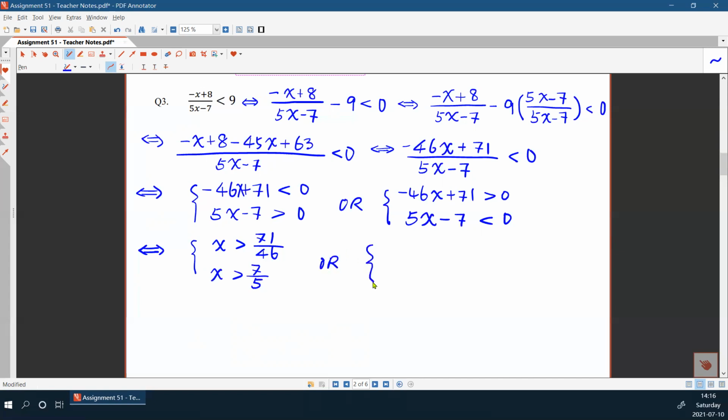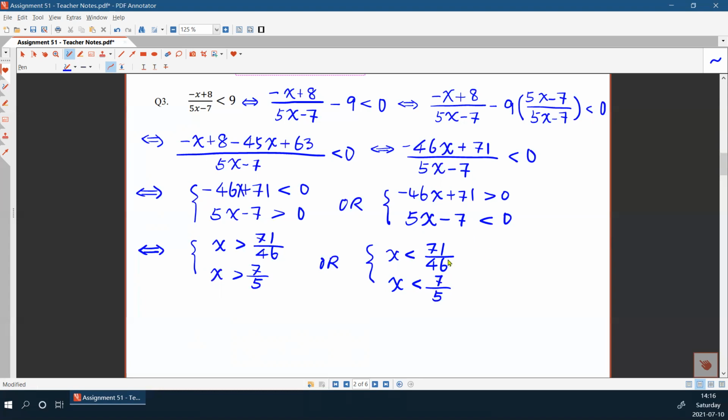Or from the second branch, if you move minus 46x to the other side, that means 71 is greater than positive 46x. So x should be smaller than 71 over 46. And at the same time, x should be smaller than 7 over 5, right?